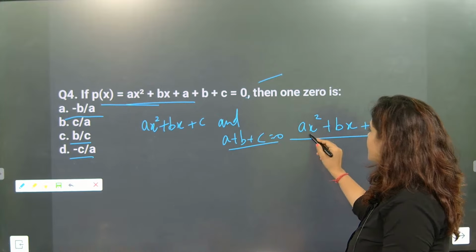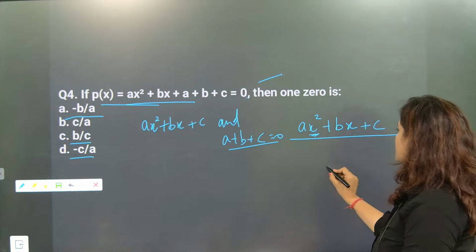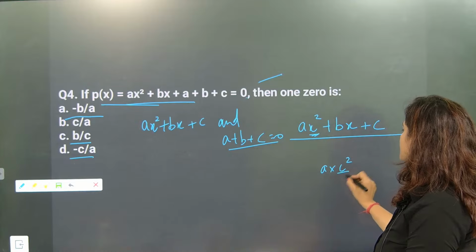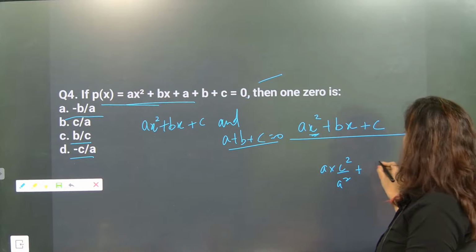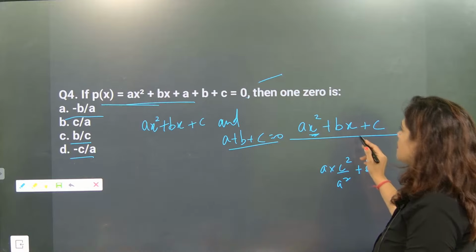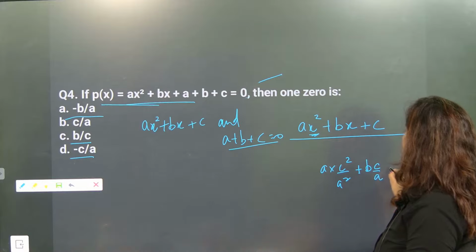At that time, if x is equal to what you are going to put, if you put c by a, then it will become a into c square by a square plus b into c by a plus c. So like this, and this will get cancelled.